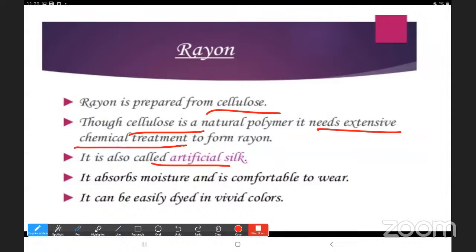Rayon absorbs moisture and is comfortable to wear. We know nylon does not absorb water and it catches fire very easily, and nylon fiber produces static electricity very easily.